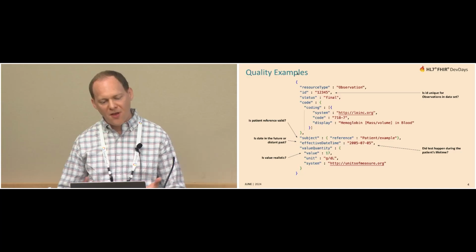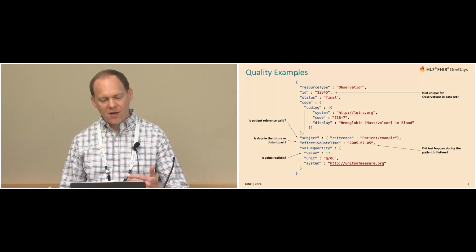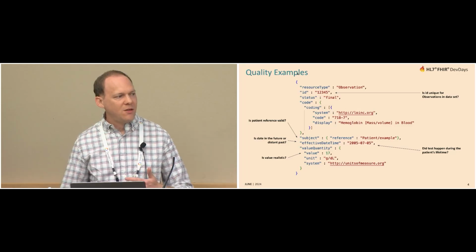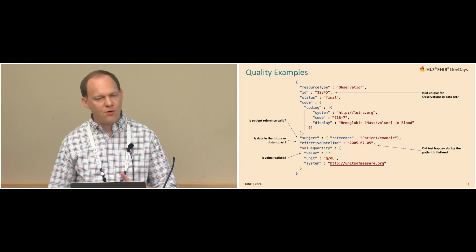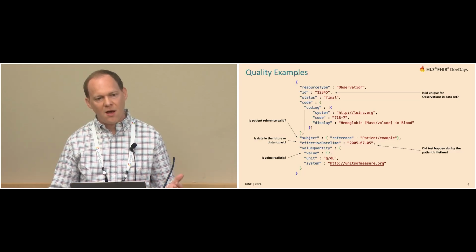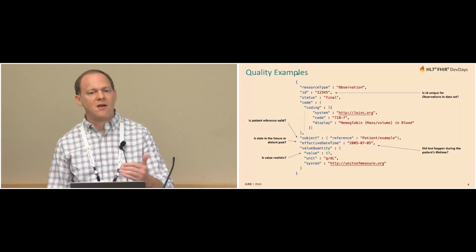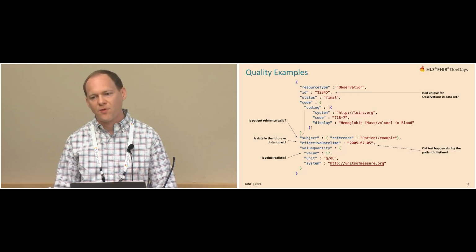And then my favorite quality check is around clinical plausibility. When we look at a value here, you can check if that value is even possible for this particular lab code and this unit. In our test data, we actually found some units that were incorrect because of doing this check and finding values that were just impossible for those units.